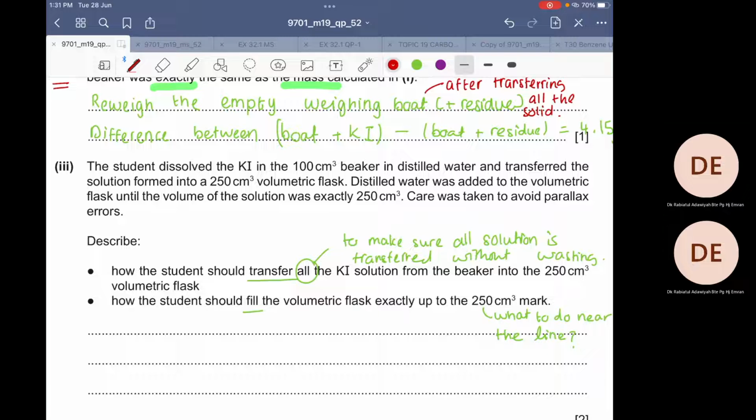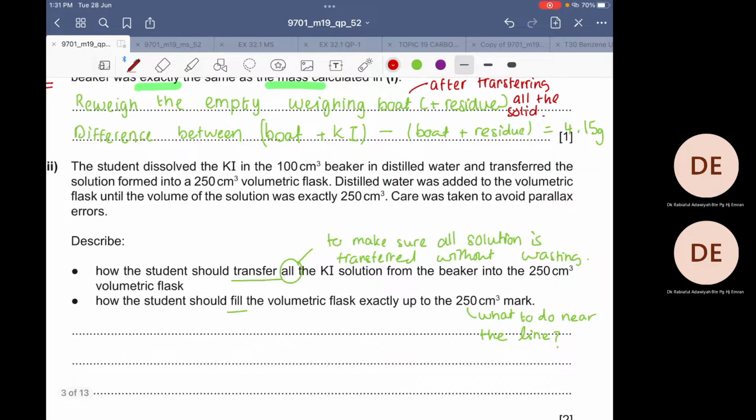The next one is how the student should fill the volumetric flask exactly up to the 250 cm³ mark. Okay, so this question to me is very vague, like how to fill in.